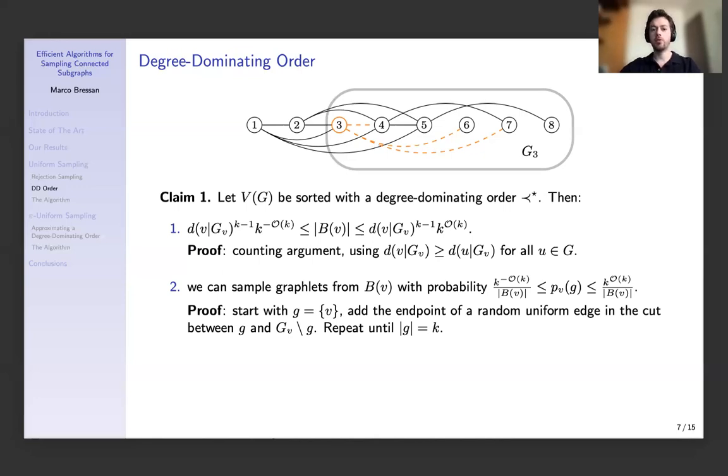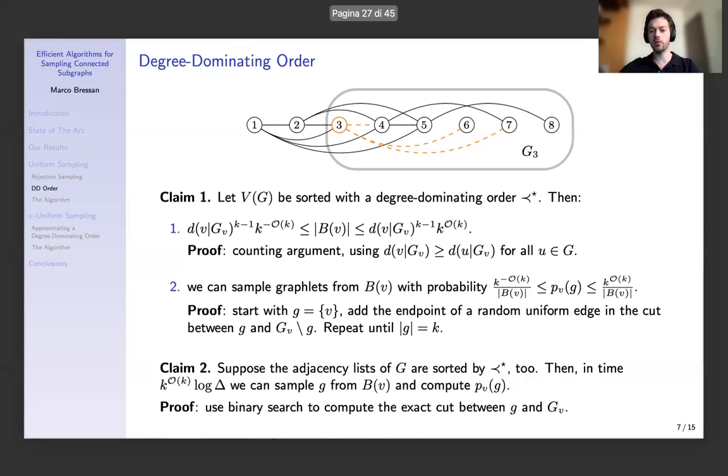Okay, these two claims follow by the fact that the vertices of G are sorted by the degree dominating order. Now, if the adjacency list of every vertex in G is sorted by the degree dominating order as well, then we can also claim that we can sample graphlets efficiently. So this sampling takes time proportional to the logarithm of the maximum degree. Why is that?